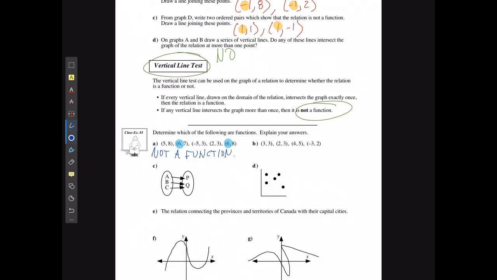The two points are repeated. If I take a look at B, I have 3, 2, 4, and -3. This is a function because the points never actually repeat.